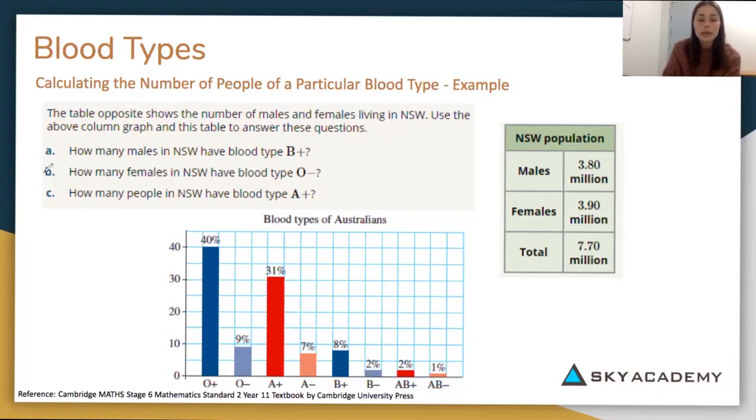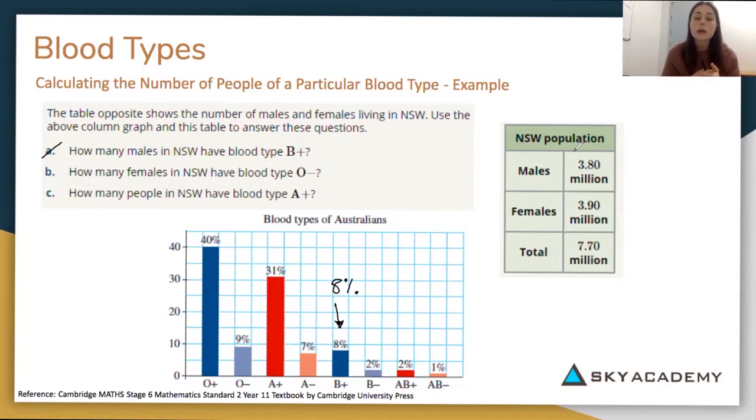If we have a look at our column graph here, B positive is located here, and it has a frequency of 8%. So we know that the frequency of B positive in Australia is 8%. If we use this information and the number of males in New South Wales and multiply them together, we will get the expected number of males in New South Wales who have the blood type B positive.